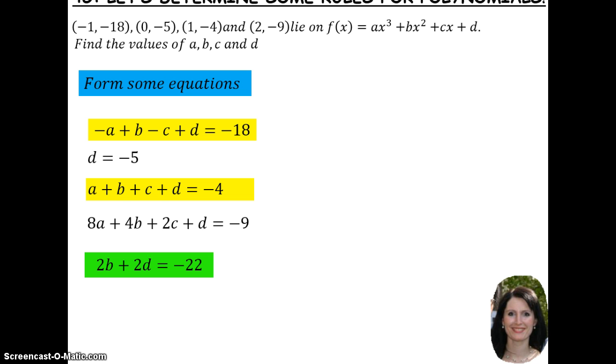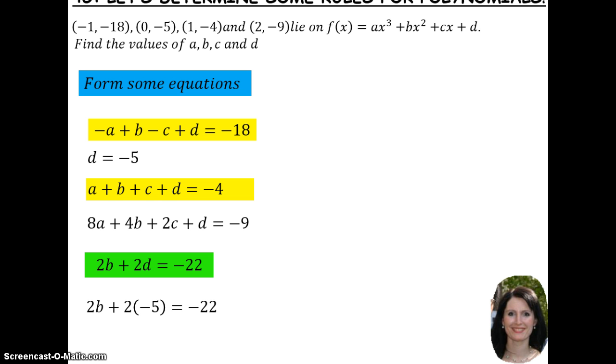And d plus d gives me 2d. And then don't forget to do it on the right as well. People sometimes do that. It's a bit of a silly mistake. So -18 plus -4 gives me -22. So that gives us the equation 2b plus 2d equals -22.